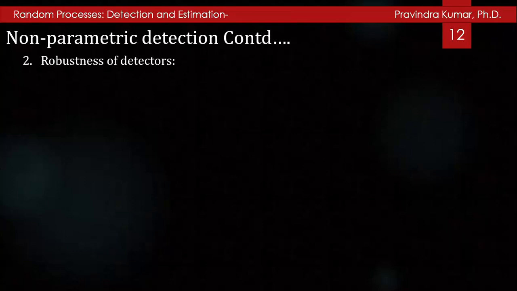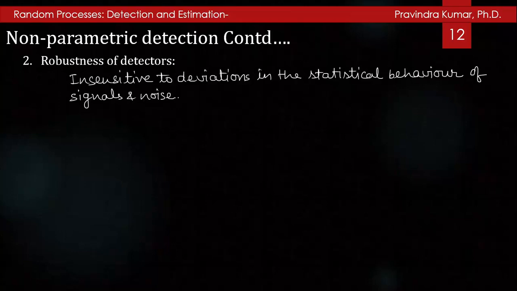Now we will discuss the robustness of the detectors. Signal detection must operate in environments that are difficult to characterize with a precise statistical model. So it is of interest to develop detectors that are robust, meaning insensitive to deviations in the statistical behavior of signal and noise. This is robust detection of a signal in noise whose probability distribution is uncertain.